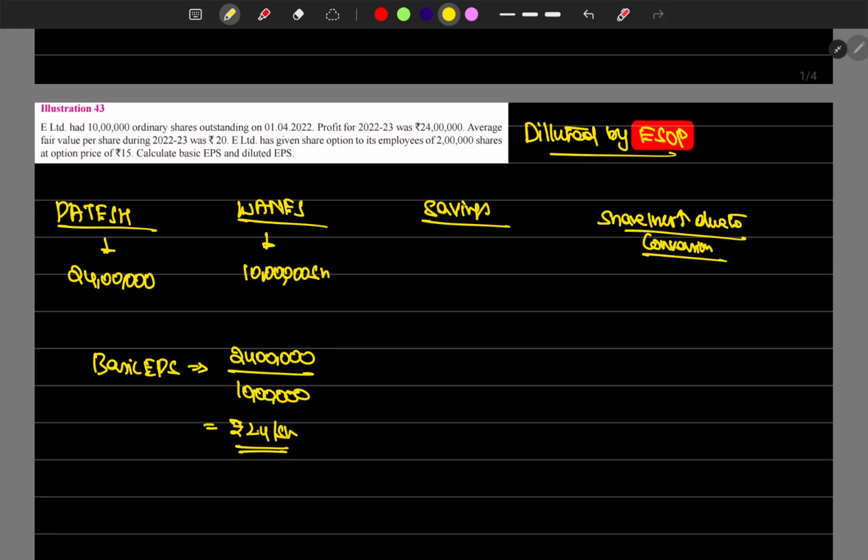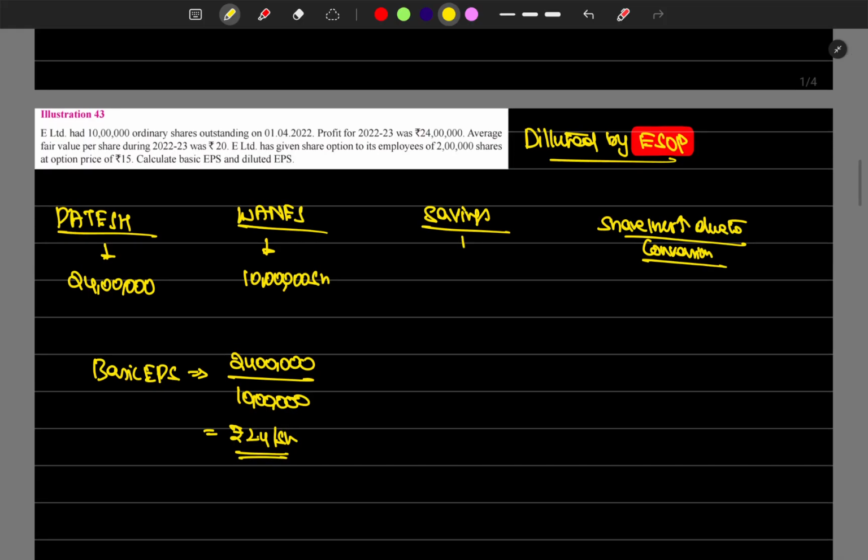Okay, now what's the saving? The total number of options given by the company is the number of option shares, which is 2 lakh shares, right? At which price?